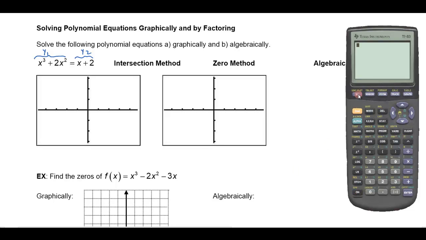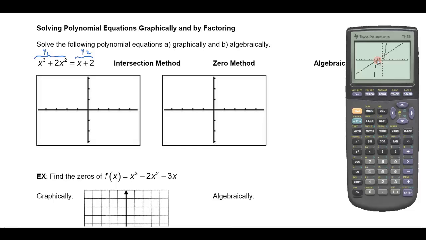Let's graph this. I'm going to graph x cubed plus 2x squared. And then at the same time, let's go ahead and graph the x plus 2. I'm going to hit my zoom standard here to get my standard window that goes from minus 10 to 10 in the x direction and minus 10 to 10 in the y direction.